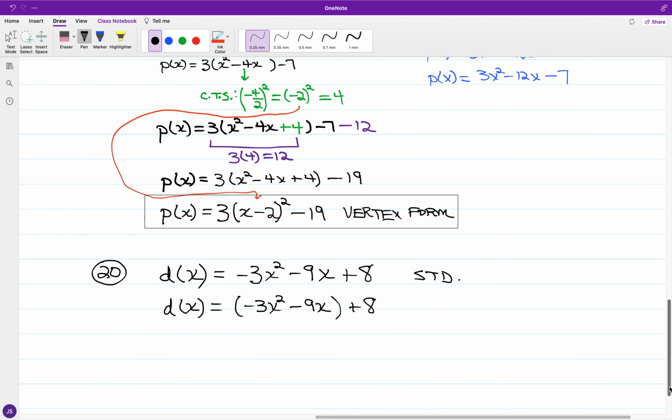And if you notice, just like I had factored out 3 before, we're now in a situation where the first variable term has the coefficient negative 3, which is instilled within the parentheses. So I'm going to factor out the negative 3.